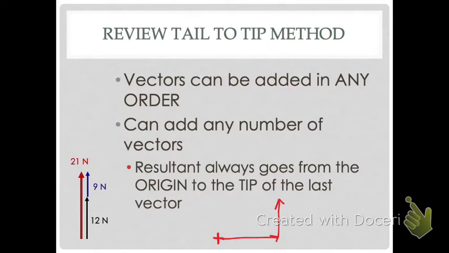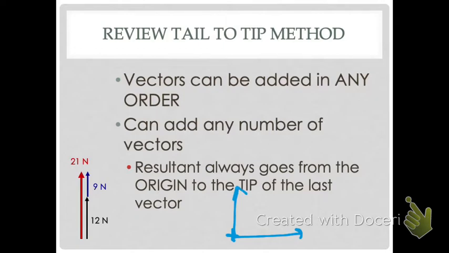When we add vectors, we always add them tail to tip. We talked about this first, right? If one vector goes east, then our second vector goes north. Let me make this a little bit easier for you to see. If one vector goes east and then another one goes north, I would not draw them like this, east and then north, because it's not getting me anywhere, right?